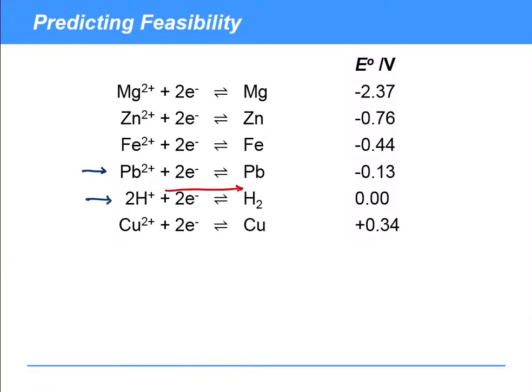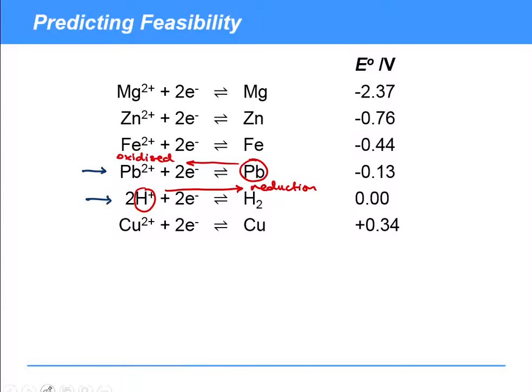So we want the forward reaction, which is reduction. So H+ is going to get reduced. And in the opposite sense, lead is going to get oxidized. So it's the reverse reaction that we're interested in.